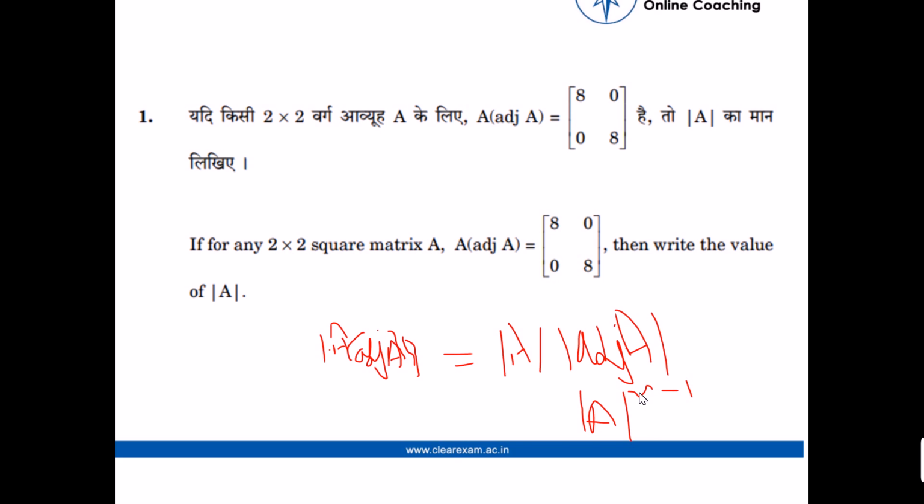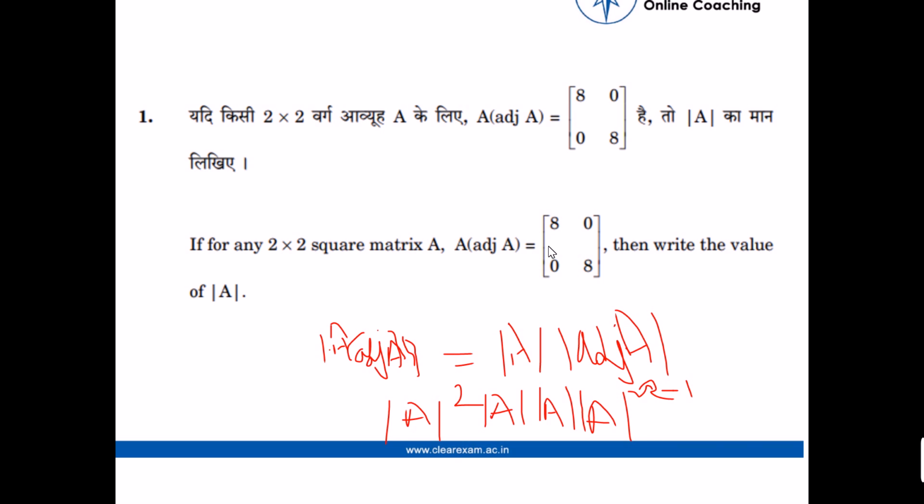So we can put in 2, which can be written as magnitude A square. So magnitude A into magnitude A, we can write it as magnitude A whole square.